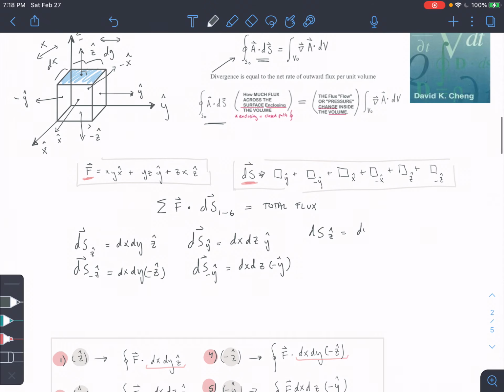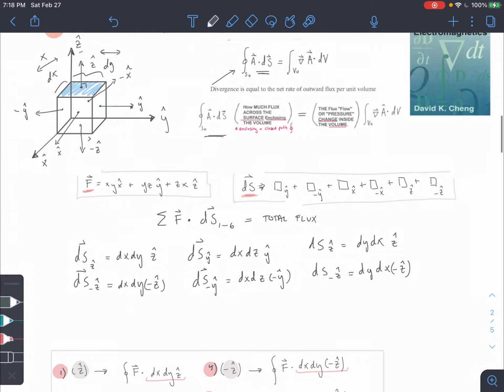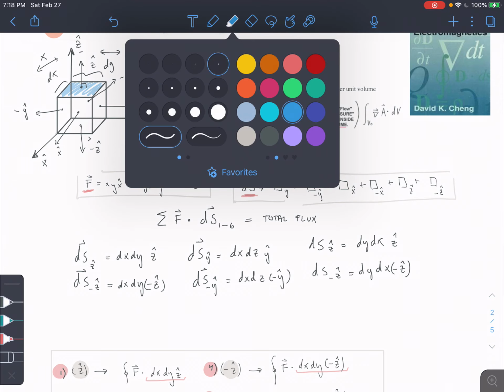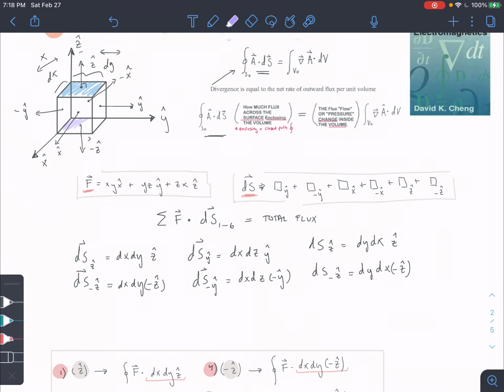So we have dy dx in the z hat, and then ds in the negative z is going to be dy dx in the negative z hat. And this is multiplied by negative z, so that would be down here. Just to confirm, we have the same change in y on this side and the same change in x on this side.